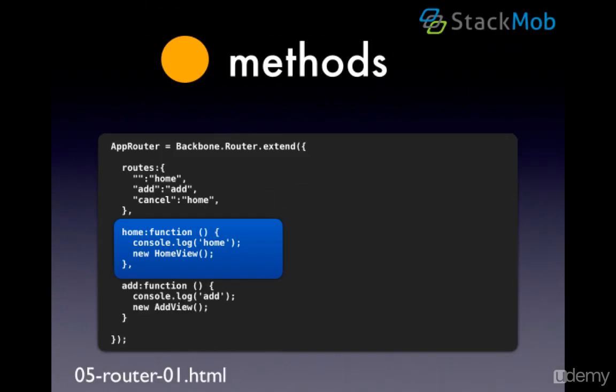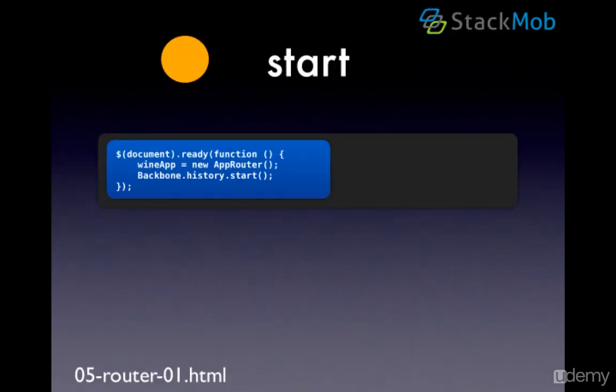Now in router 1 you can see here's the actual method that I'm calling when I go to home. I'm actually pulling up the home view and I'm just instantiating a whole new home view, and that gets appended to my body. When I want to actually start my route, the way that I'm doing that is I'm going into the document.ready method and I'm defining a new app router.